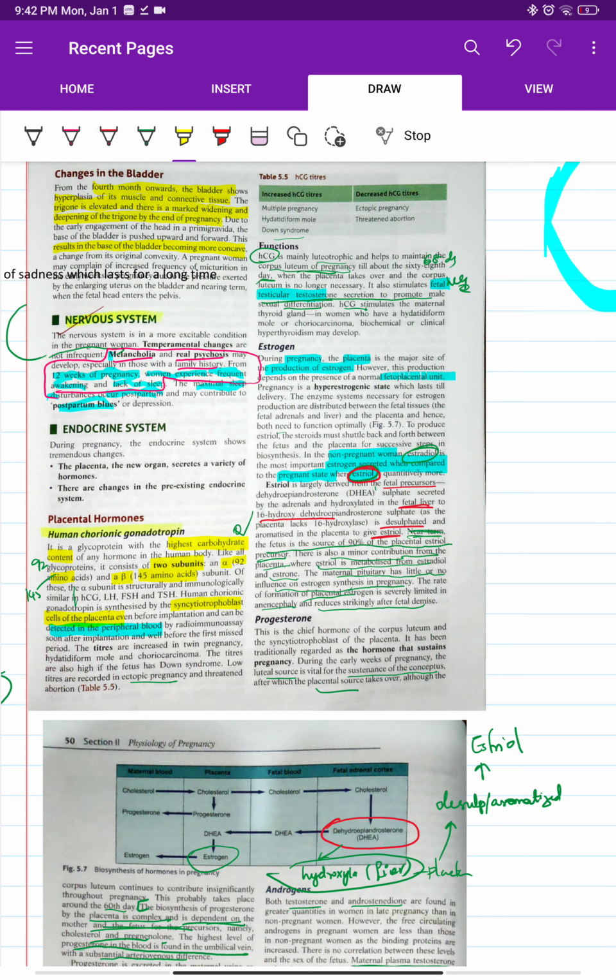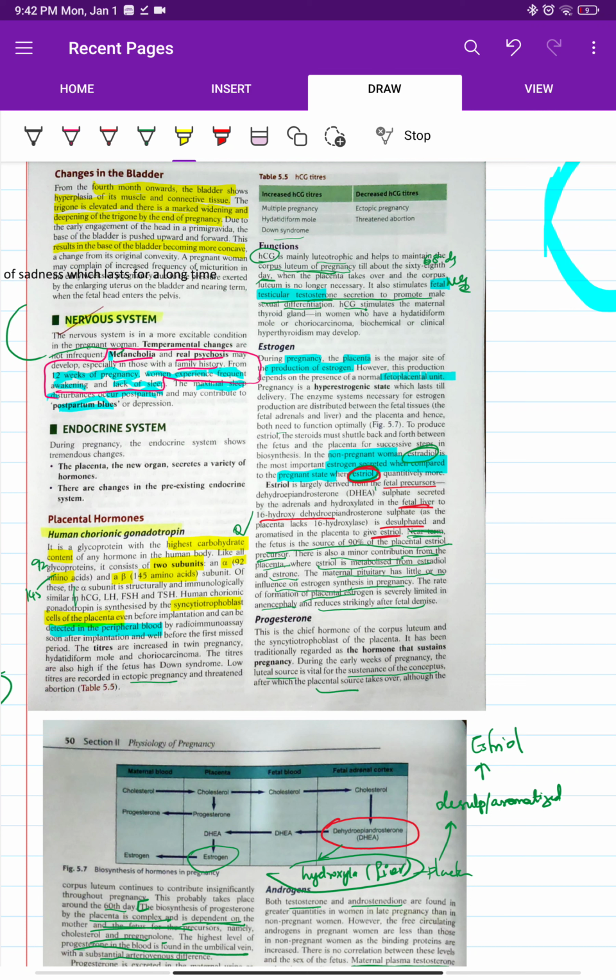In the exocrine system, in pregnancy, a new organ called the placenta is developed, which is responsible for a few enzyme and hormone secretions, while the normal hormones within our body also undergo lots of changes.